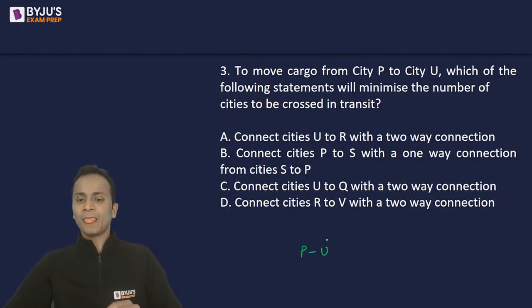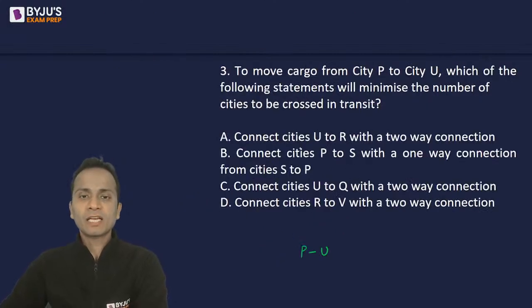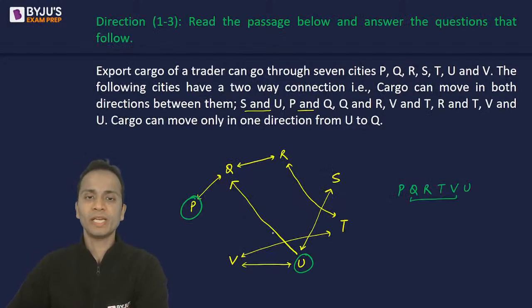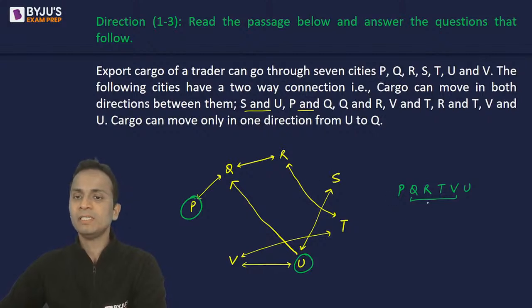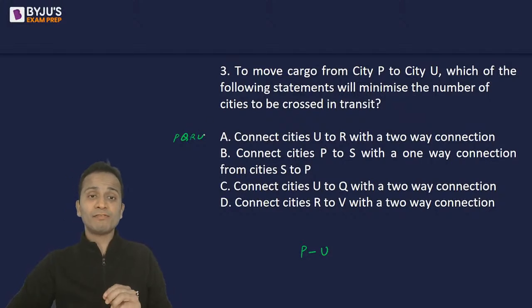Okay, so I already have the route between P and U. This is the given route. Now, if I connect cities U and R with a two-way connection, that means from R I can directly go to U, and the route will become P, Q, R and then directly U. So option A will give me P, Q, R and U. Definitely we have made the route shorter.